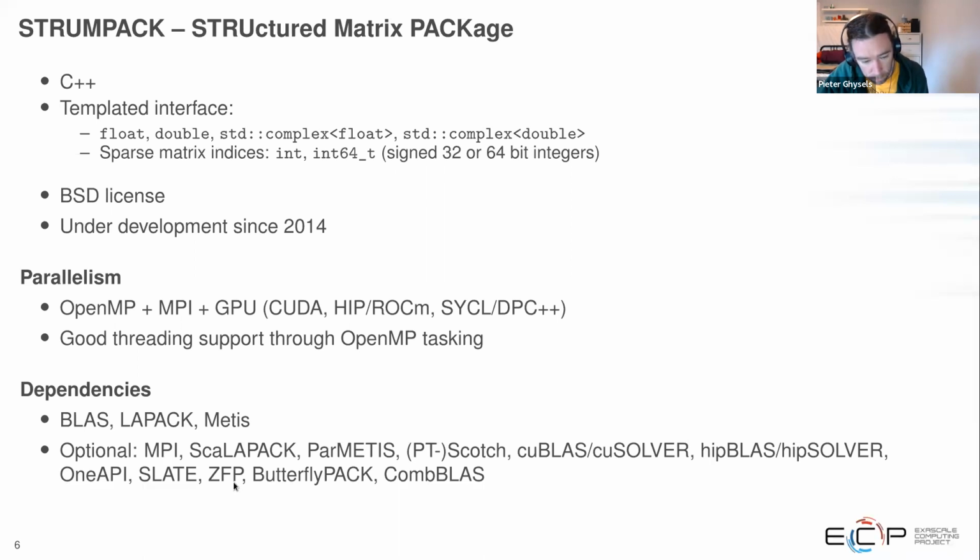I mentioned the ZFP, which is a library for compression of floating point data, and then ButterflyPACK. And finally, another dependency is the Combinatorial BLAS, which we can also use for static pivoting. I'll come back to that later.